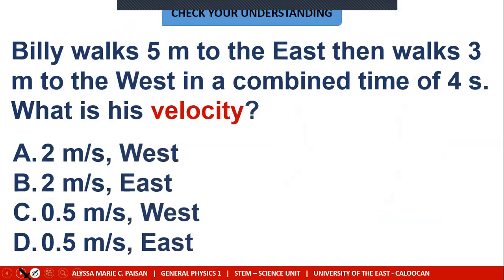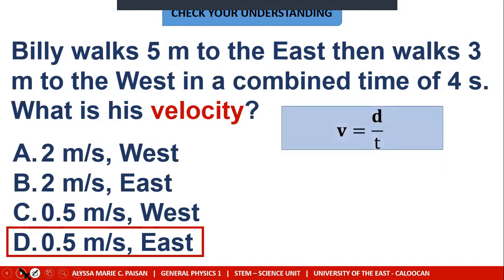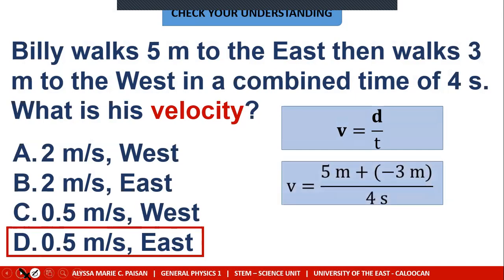Same scenario and same given, but this time we are asked for velocity. Again, we should have the equation, velocity is equal to displacement over time, and to get the displacement, we solve just like how you solve for vectors.